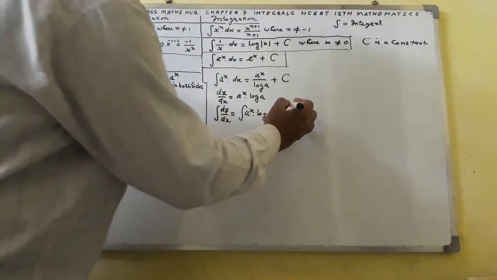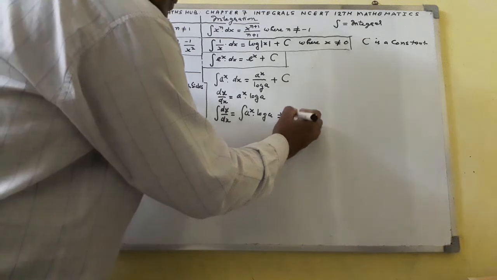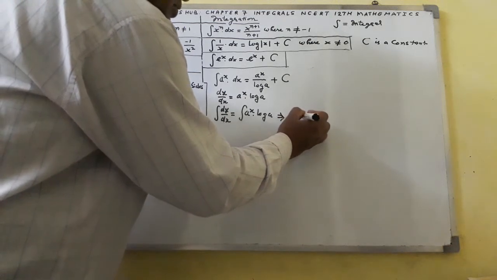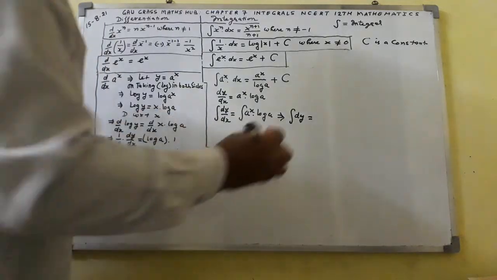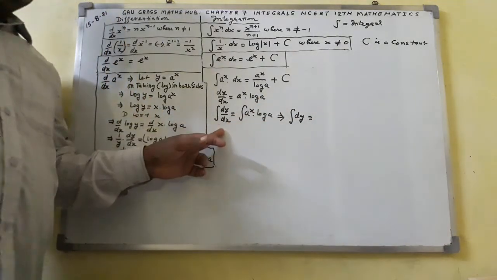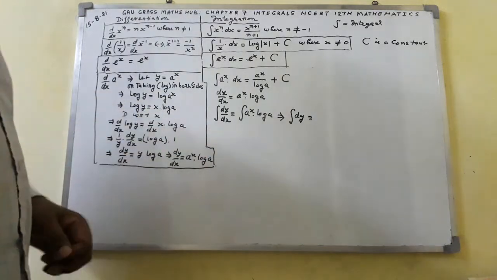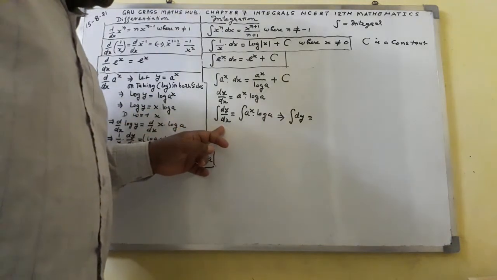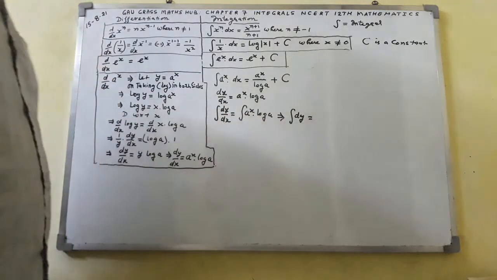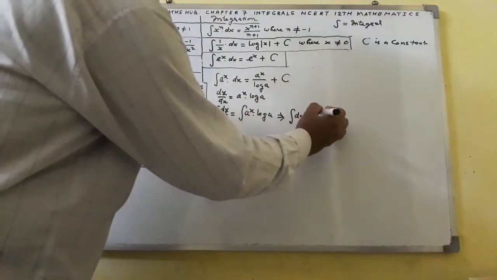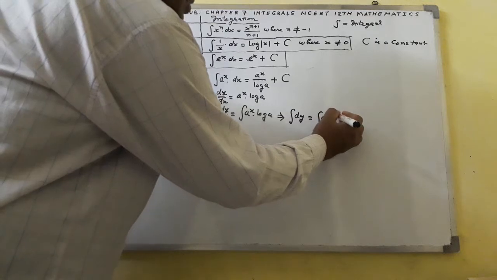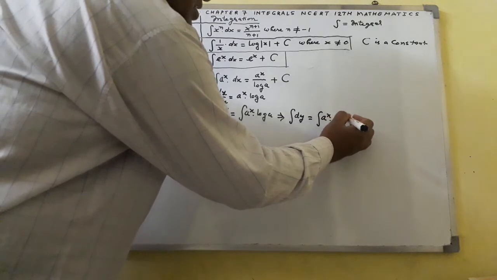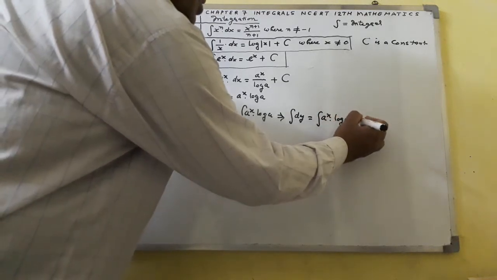You will get the integral of dy equals, since dx is in the denominator, that will be thrown to the right hand side. You will get the integral of e raised to the power x dot log a dot dx.